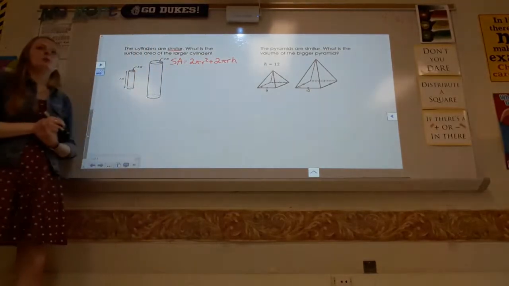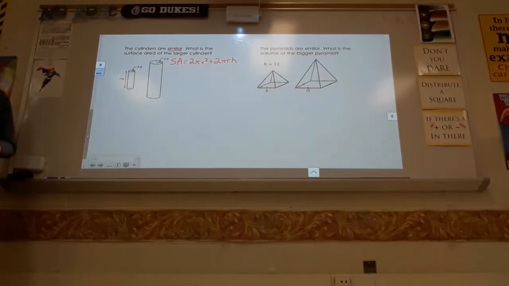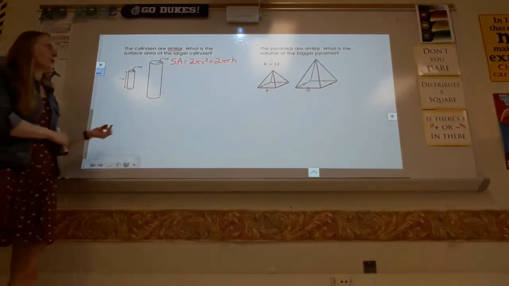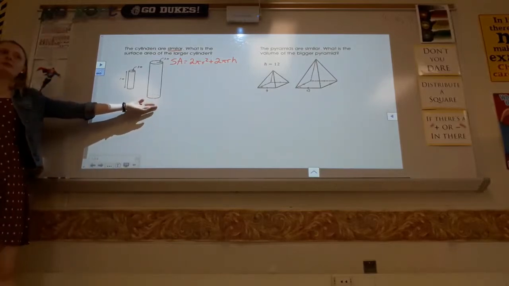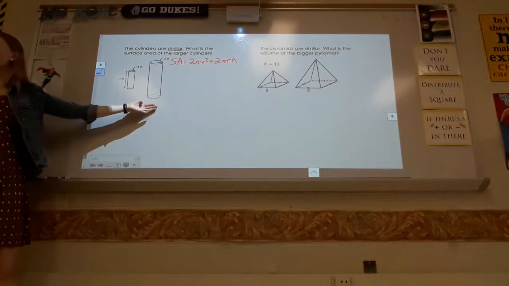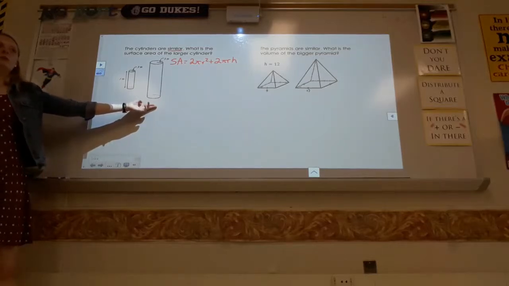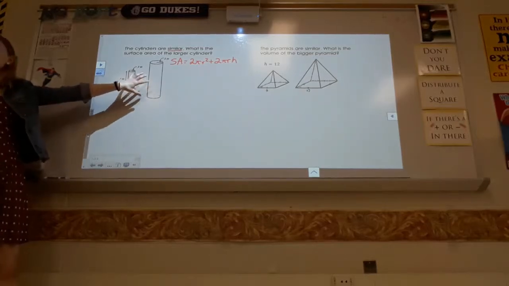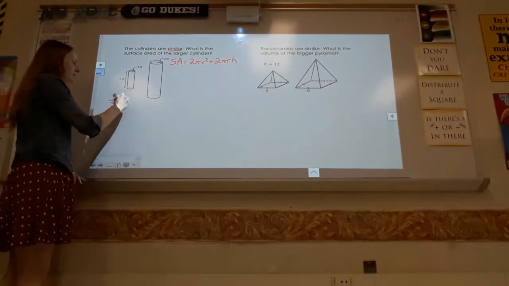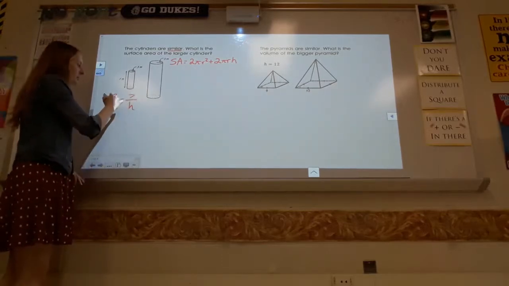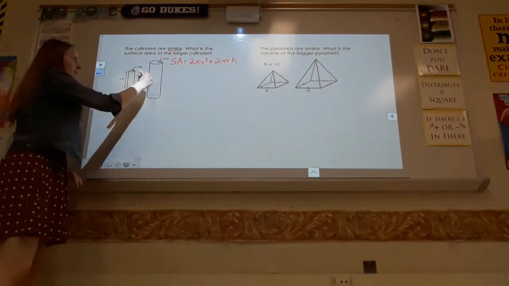What do I need to know in order to find the surface area? The radius and the height. I need to know those two things. We're focusing on the larger cylinder. Do I have those two things for the larger cylinder? What am I missing? How do I find it? Proportion. That's why we have similar solids here. We can use proportion. 3 to 5 is the same thing as 7 to h, the variable that I need over here.